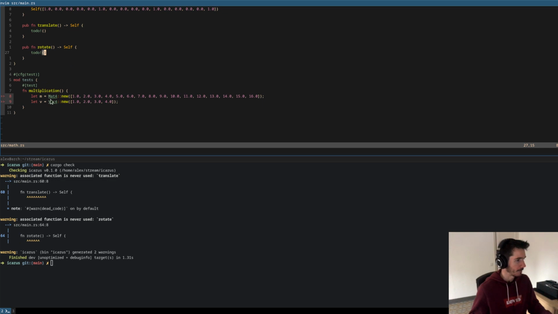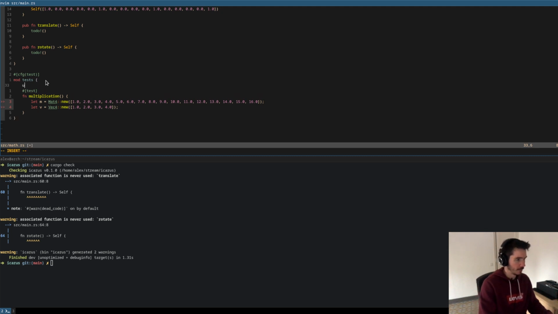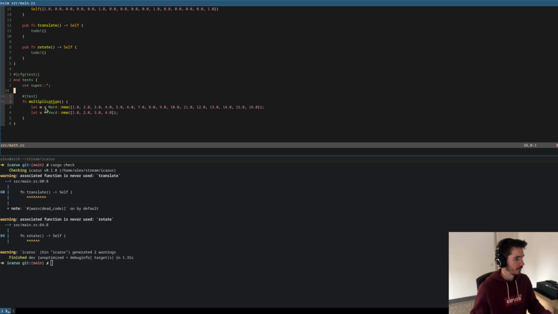Now we need to import everything from the parent module here, otherwise it doesn't compile. Yeah, now we just get some warnings about unused variables.